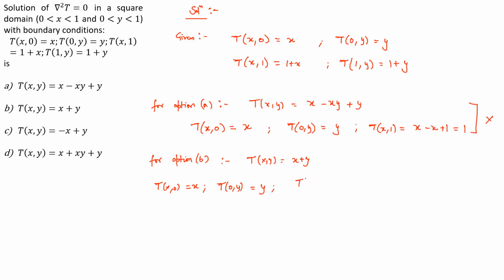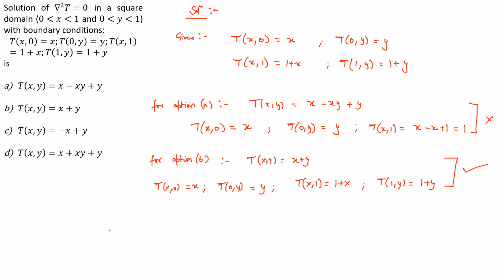Now looking at the third boundary condition where x is equal to x and y is equal to 1, we will get 1 plus x, and for the fourth boundary condition where x is equal to 1 and y is equal to y, we will get 1 plus y. So all the four boundary conditions are satisfied for option B.